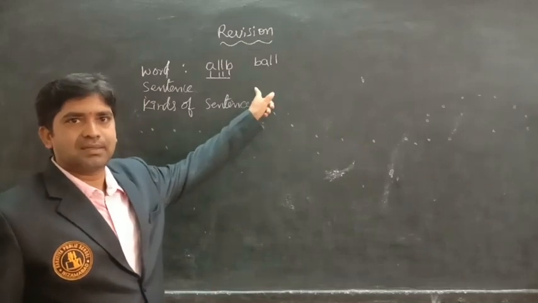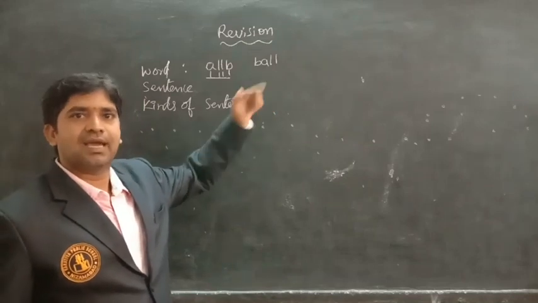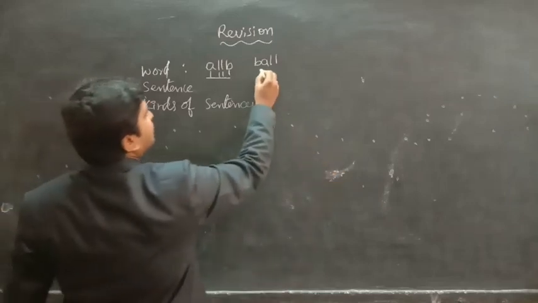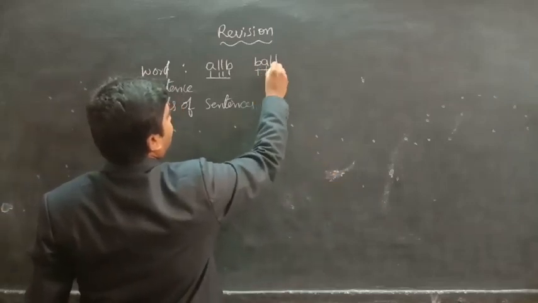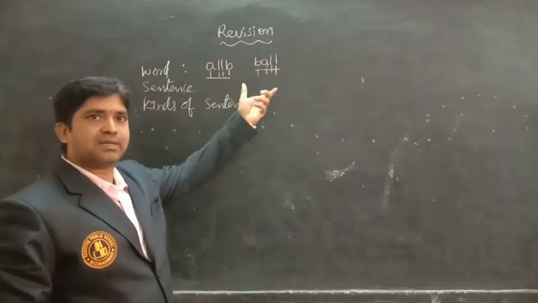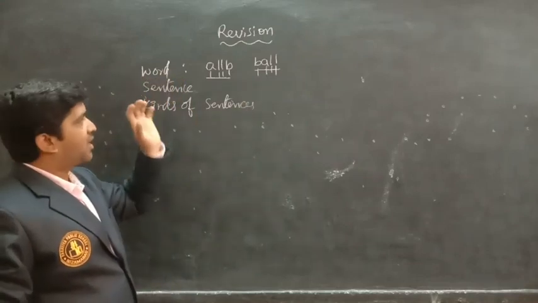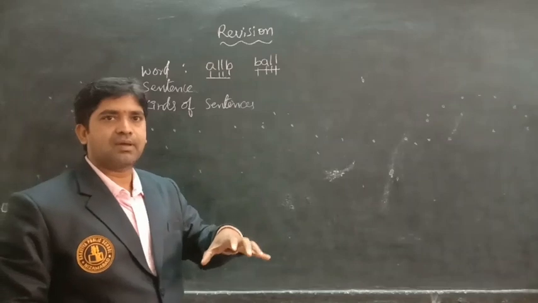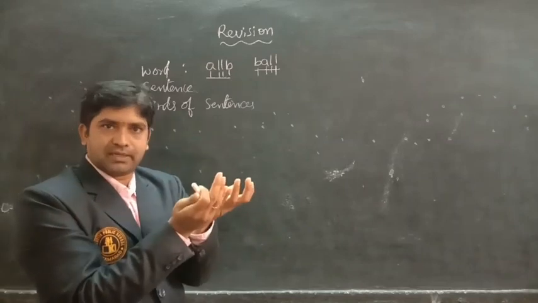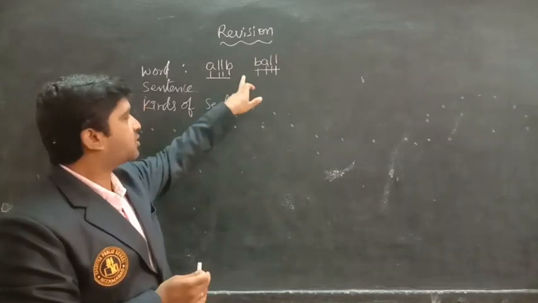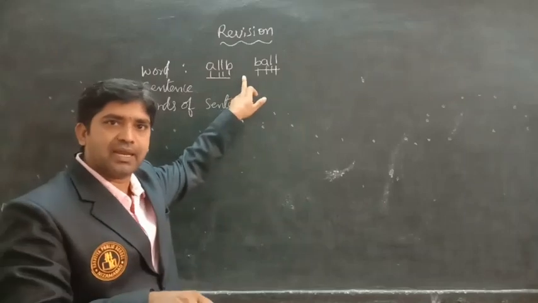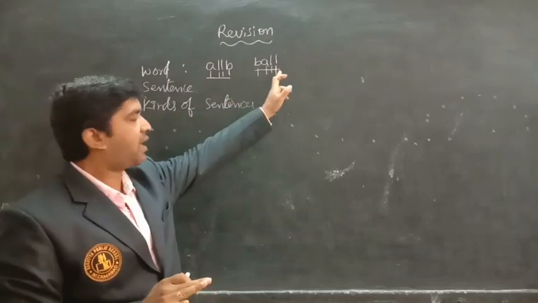Ball. Does it give any sense? Yes. B-A-L-L, ball. It gives some sense. So, here is the definition of the word: a group of letters which gives some sense or meaning is called a word.